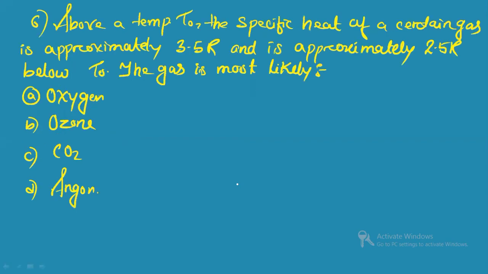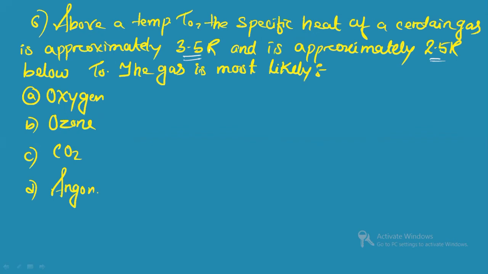Next, above a temperature T0, the specific heat of a certain gas is approximately 3.5 R, and it is approximately 2.5 R below T0. So the gas is most likely what? You are given the specific heat for a certain gas, but you don't know what the gas is.